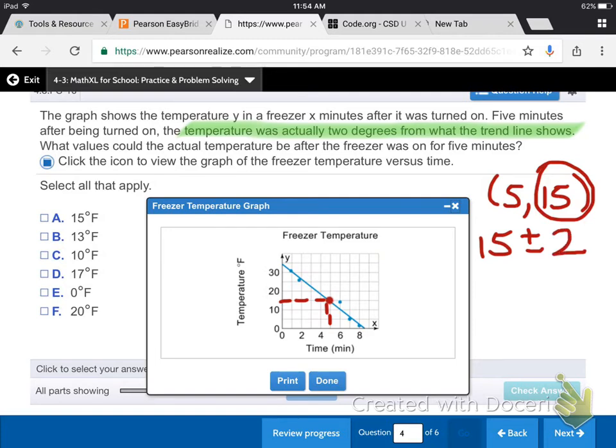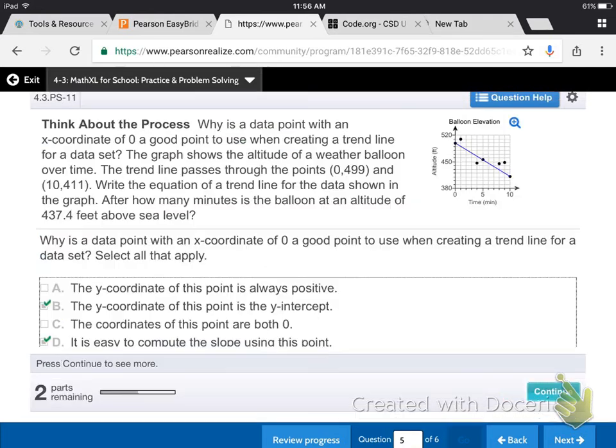We don't know if it's more, we don't know if it's less. So which answer choices show 15 plus 2 and 15 minus 2? That would be this one, 13 degrees, and of course 17 degrees. There you go. Moving on, problem 5.